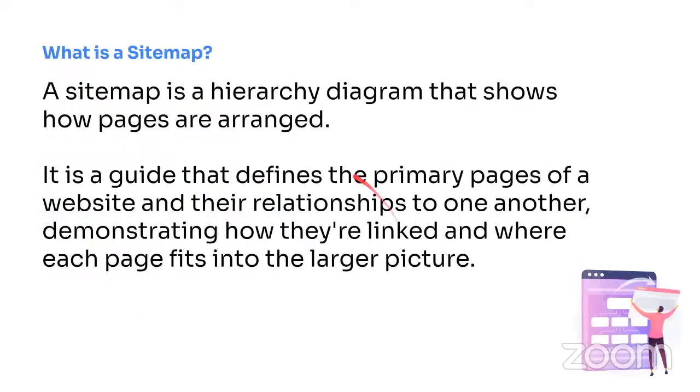A sitemap is a hierarchy diagram that shows how pages are arranged. It's a guide that defines the primary pages of a website and their relationships to one another, demonstrating how they are linked and where each page fits into the larger picture.